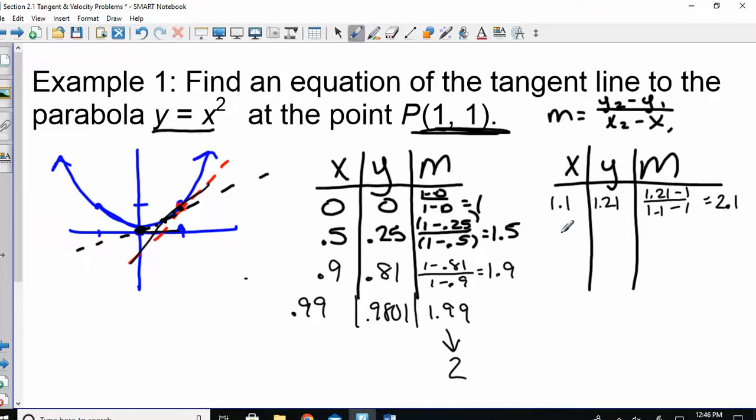So what would be another value that's closer to 1? Yep. How about I even do 1.01? What would be one more then? 1.01. Yeah. I like doing an easy one. So why don't you guys do 1.01, and you three do 1.001. Get your y, get your slope.